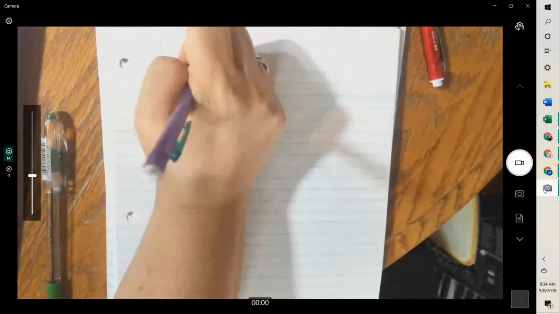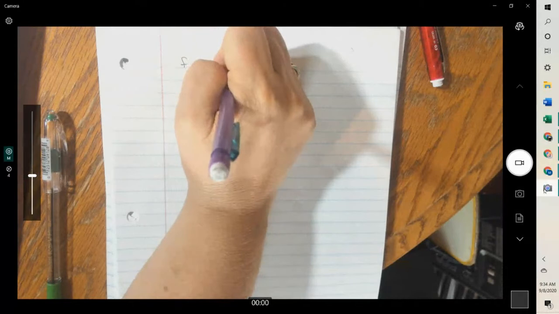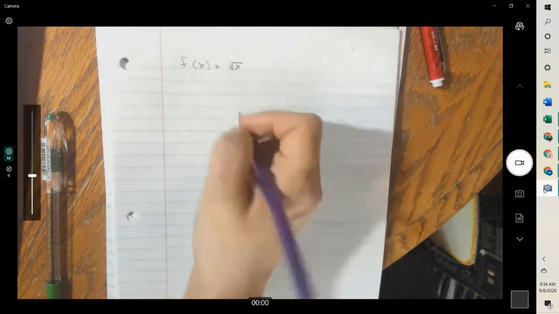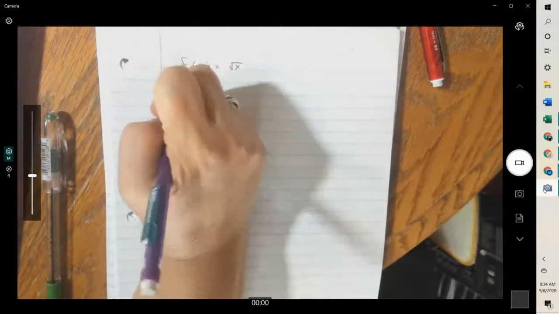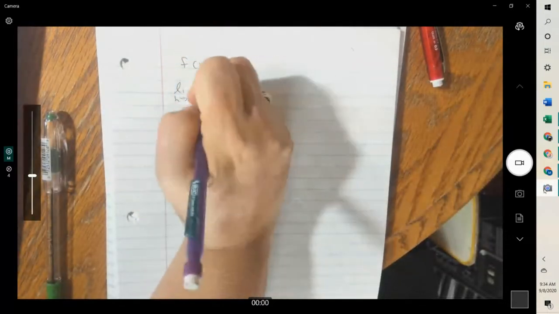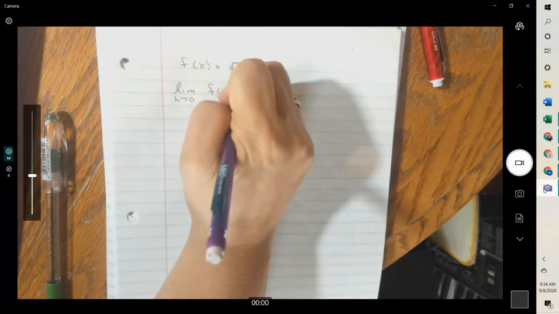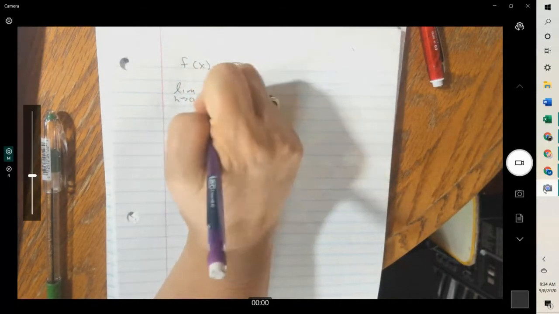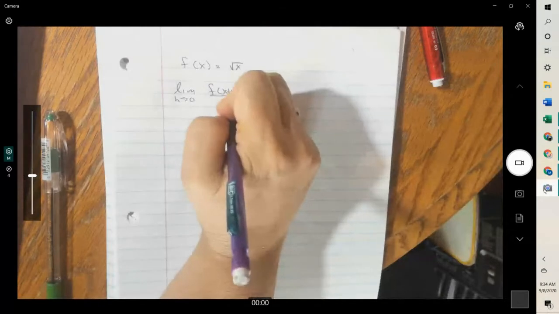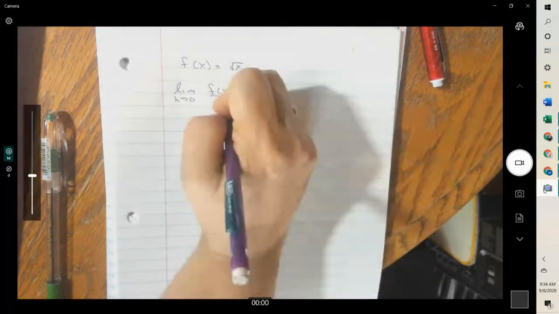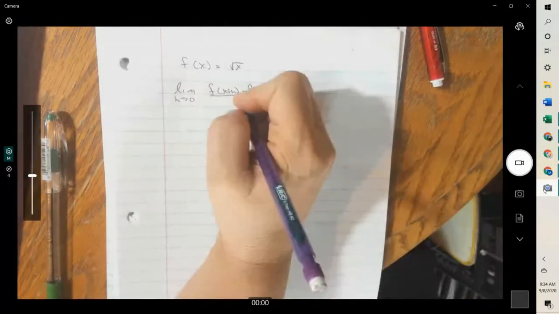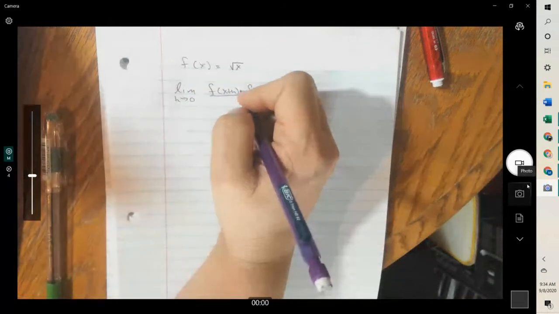Let's try one more, a square root. So we want the limit as h approaches 0, f of x plus h minus f of x over, oh my gosh, of just h.